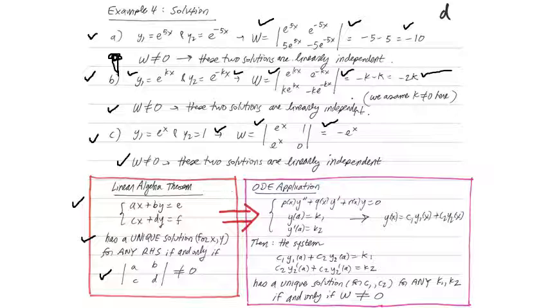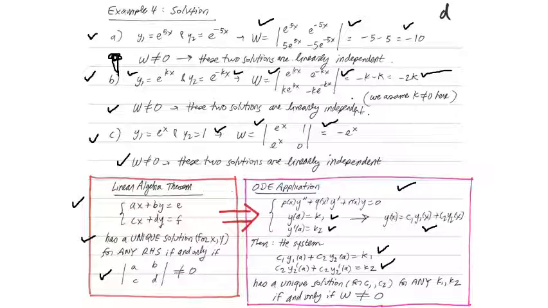So if we take that linear algebra theorem and think about that in this setting, if we have any second order linear homogeneous differential equation with two initial conditions, y of a is k1, y prime of a is k2, the general solution, as has been stated previously, always has this form, c1 y1 plus c2 y2, and the idea, just like we've seen in the examples that we've looked at, is to then solve for c1 and c2 by solving those two equations which came from your two initial conditions.